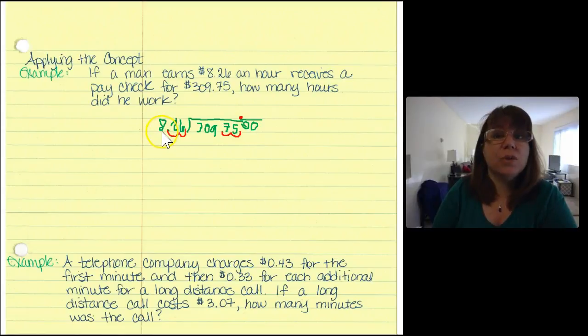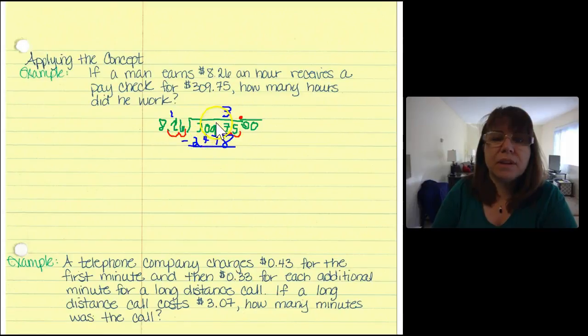Now we have 826 divided into 3, nope, 30, nope, 309, nope, 3,097. That looks like it might go in 3 times. 3 times 6 is 18. Carry the 1. 3 times 2 is 6 plus 1 is 7. 3 times 8 is 24.